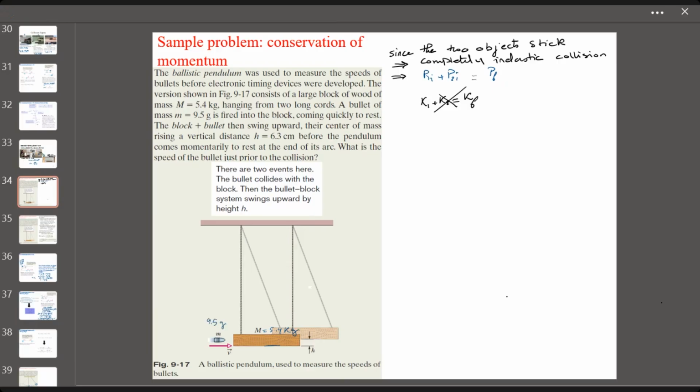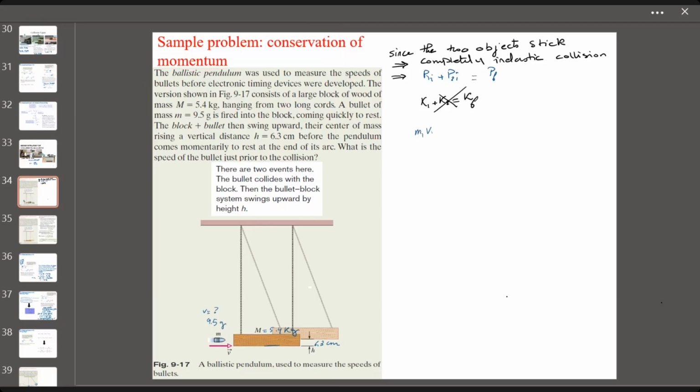The block plus bullet then swing upward, their center of mass rising a vertical distance h equals 6.3 centimeters here, before the pendulum comes momentarily to rest at the end of its arc. What is the speed of the bullet just prior to the collision? So what we want is the speed here. This is basically V1 initial, which shows up in this equation.